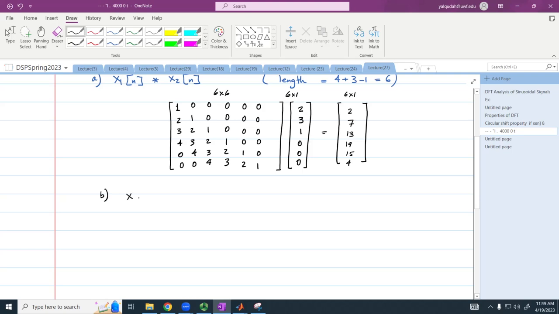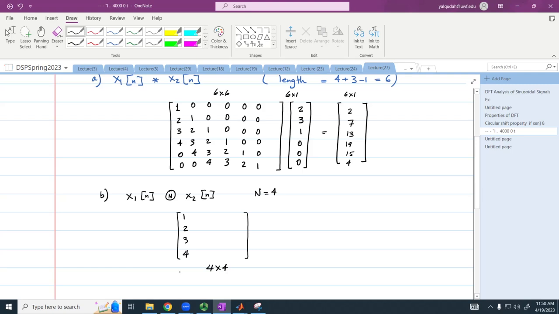Next, we're going to do circular convolution, with n equal to 4. Since n is equal to 4, we create a matrix that is 4 by 4, and we have 1, 2, 3, and 4.